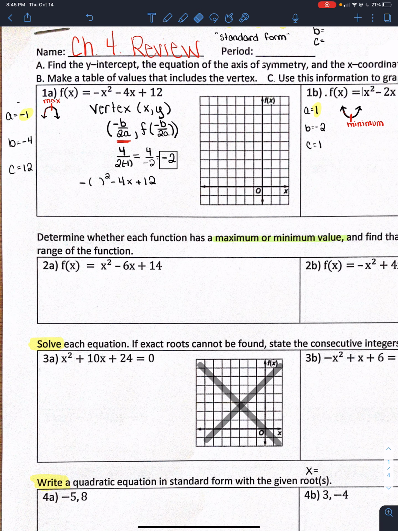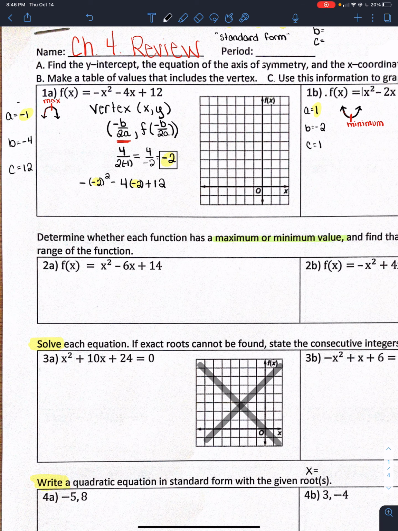Everywhere there was an x, we're going to replace it with -2. This is helping us find our y value.